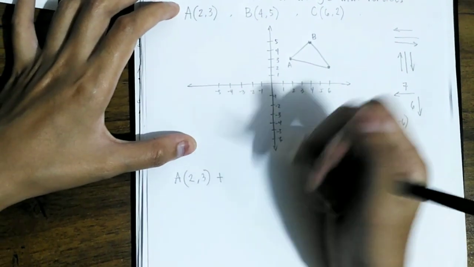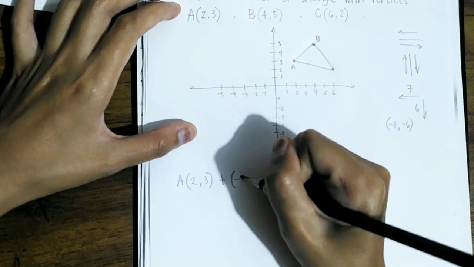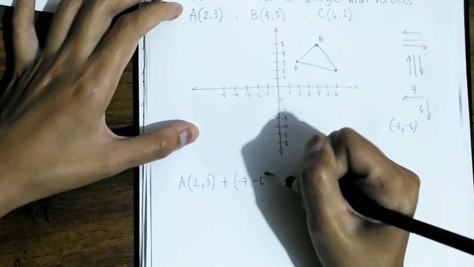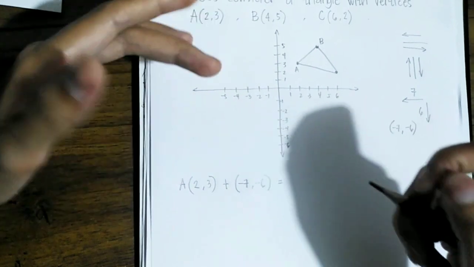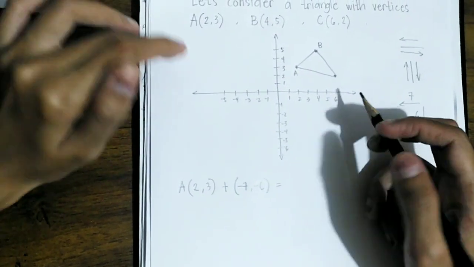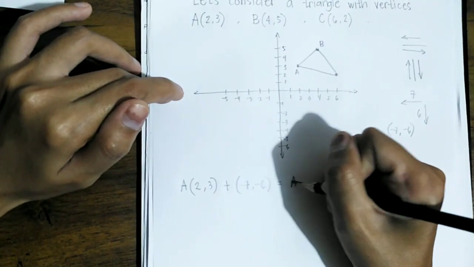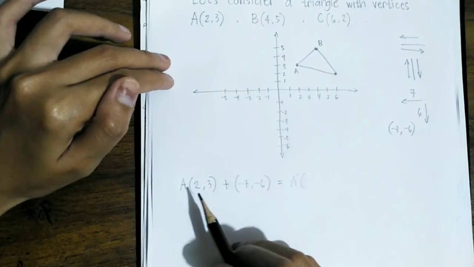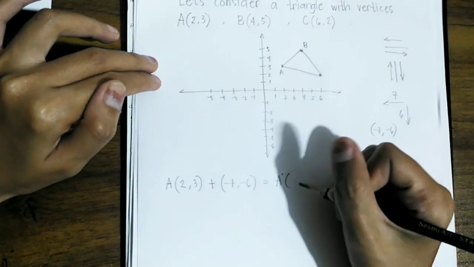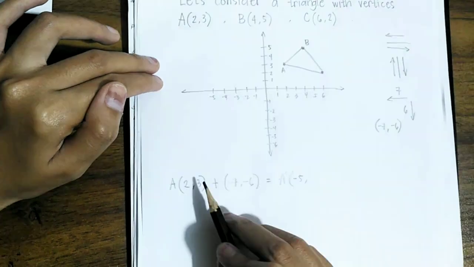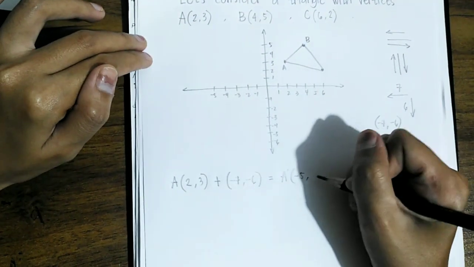Then we'll add the translation vector (-7, -6). This will result in the new coordinates of point A. So 2 plus -7 equals -5, and 3 plus -6 equals -3.